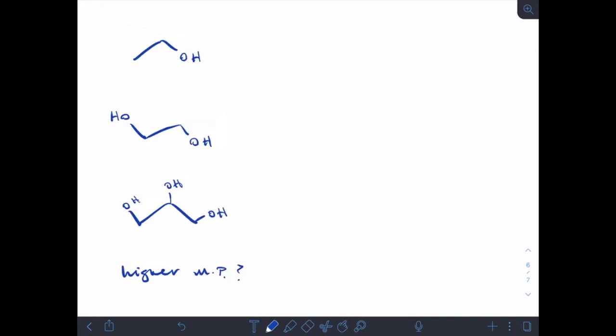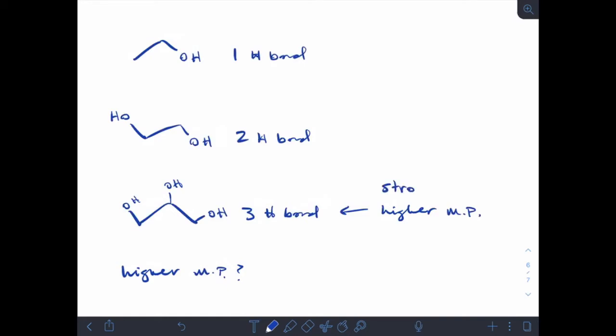In each scenario, we have a hydrogen bonded directly to an oxygen. But here we have 1 H bond. Here we have 2 H bonds. Here we have 3 H bonds. So the one with the greater availability of hydrogen bonds will have the higher melting point. Stronger forces.